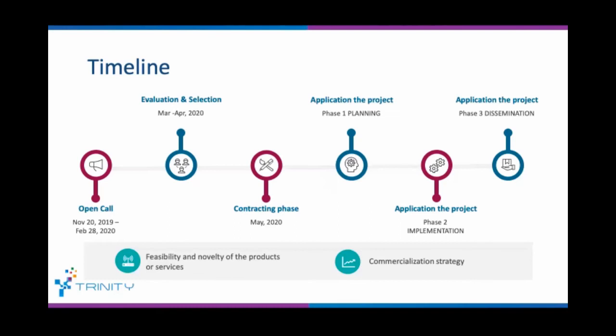And then the last phase is the dissemination phase. As Mina said, an important aspect is that your experiments, your ideas can be commercialized, and there will be time to focus more on that commercialization strategy, probably in the last phase, dissemination. Nevertheless, it's important that you already think ahead about this during your proposal submission.